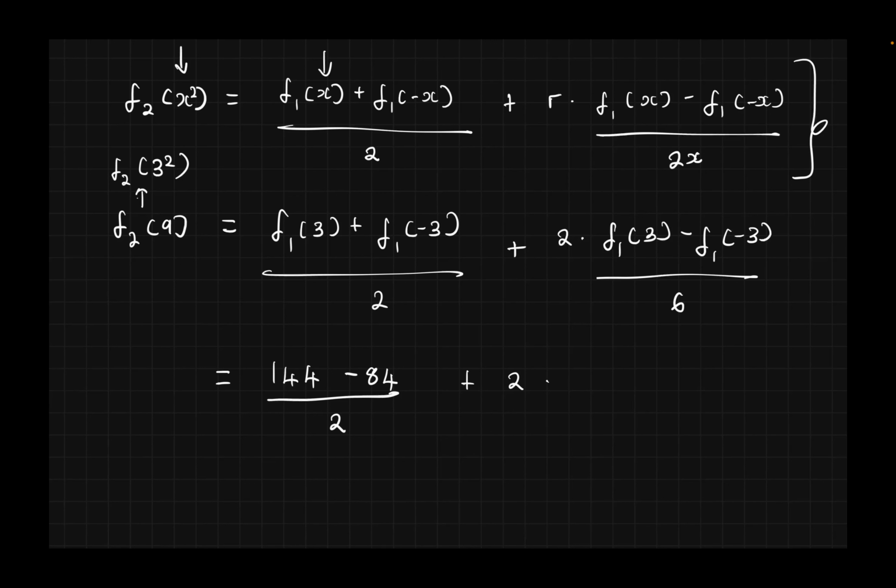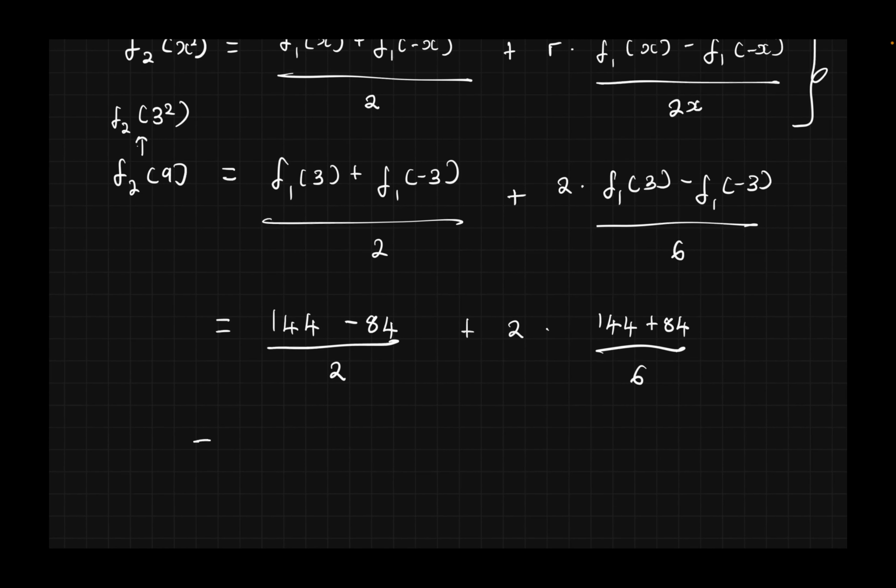Plus 2 times 144 minus 84, right? Cool. What is 144 minus 84? 60. Divided by 2, which is 30, right? Then plus 144 plus 84, 228. Remember there's a 2 here.